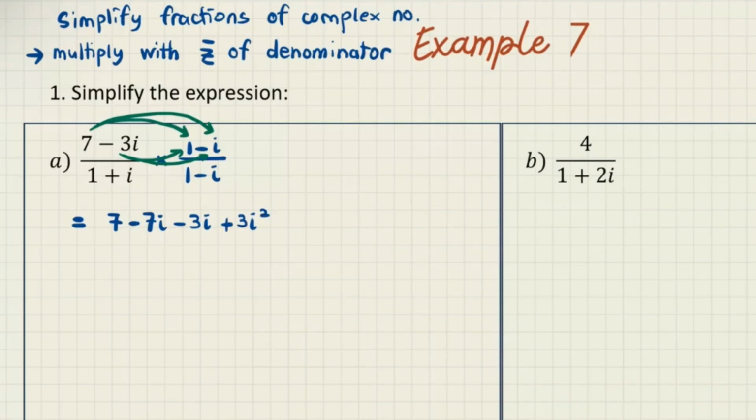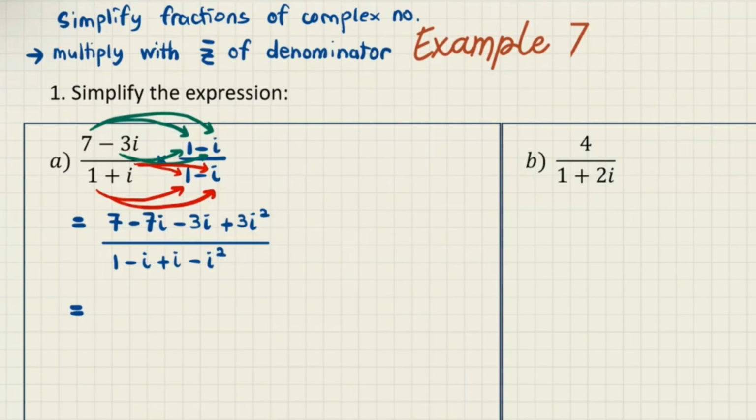Okay, kemudian kita akan bahagikan dengan now the denominator. Denominator adalah 1 multiplied by 1, 1 multiplied by negative I. So 1 minus I. And then we have I multiplied by 1, I multiplied by negative I. So I darab dengan 1 adalah positive I darabkan dengan negative I will be minus I squared. Okay, so nanti kejap lagi saya tunjuk satu trik.